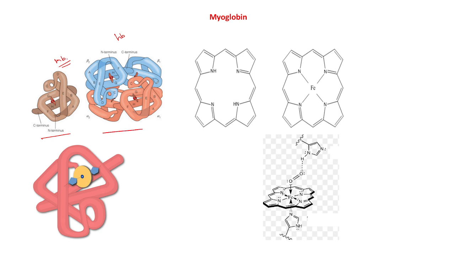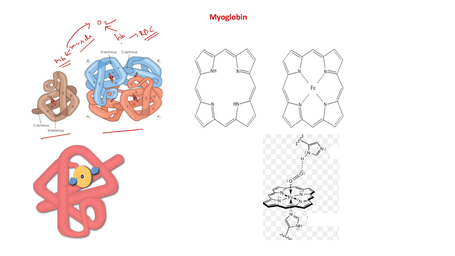So the myoglobin is found in the muscle tissue, while the hemoglobin is found in the RBC or the erythrocyte. Both myoglobin and hemoglobin have the ability to bind to oxygen.